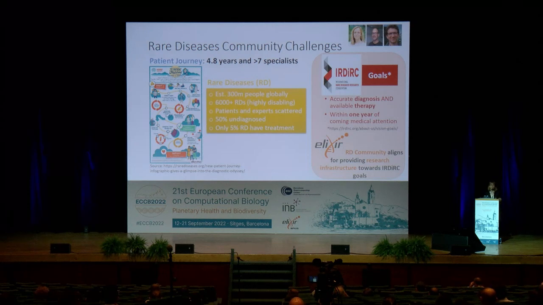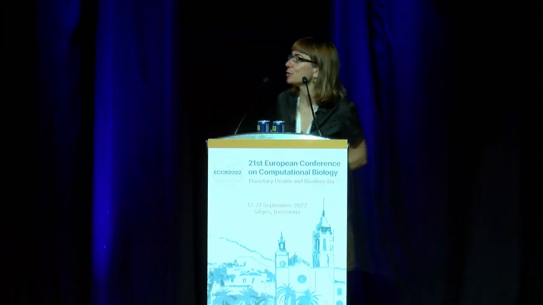In these goals, the ELIXIR rare disease community is mainly led by Anna Rath from Orphanet, Sergi Beltran from CNAG, and Marco Roos, who is my boss, from the Biosemantics Group in Leiden.